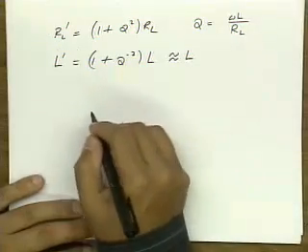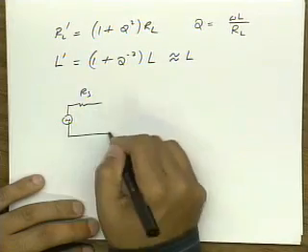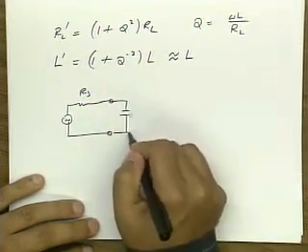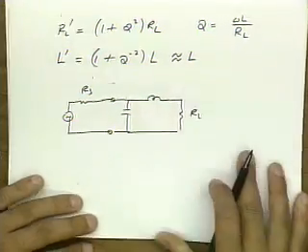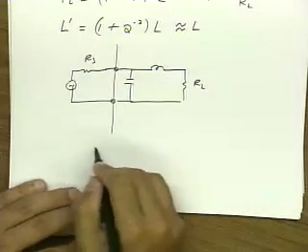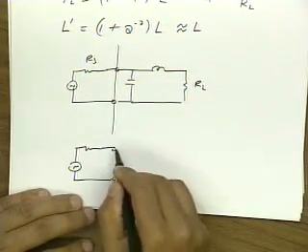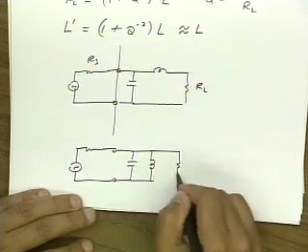So now, from the generator side, I have some source impedance RS, and I've connected my L network. From the source's perspective, I've transformed my circuit into the following parallel RLC circuit.